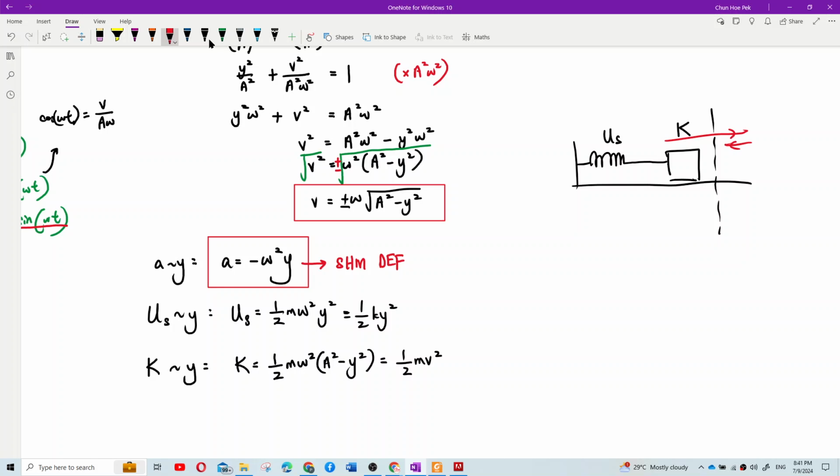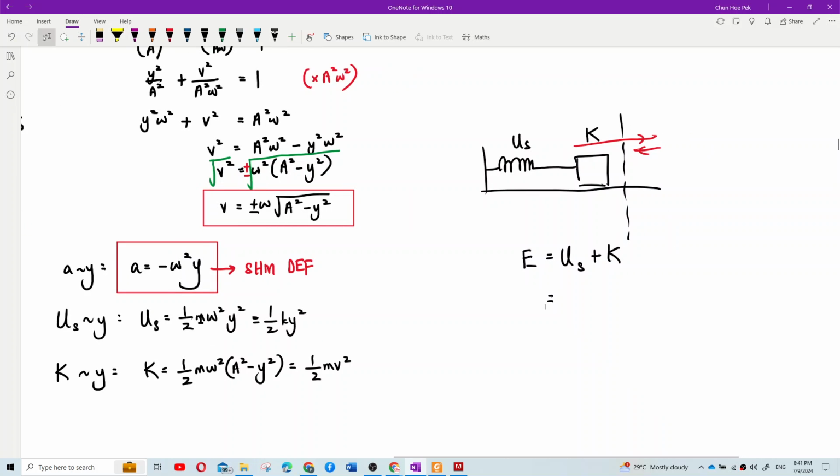So the spring has elastic energy and the block has kinetic energy, and all the time the total energy is constant. The total energy is the elastic potential energy in the spring plus the kinetic energy. So you add them together: half m omega square Y square plus half m omega square, A square minus Y square.